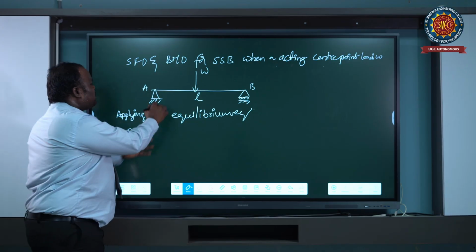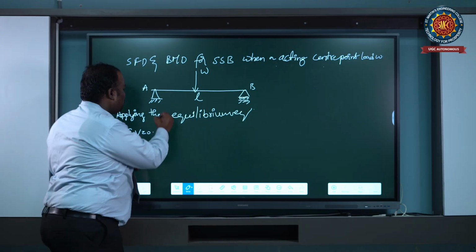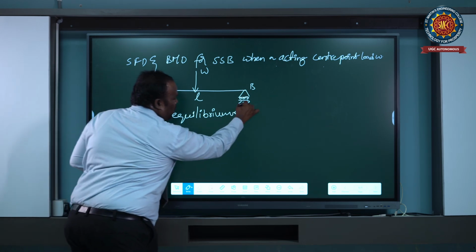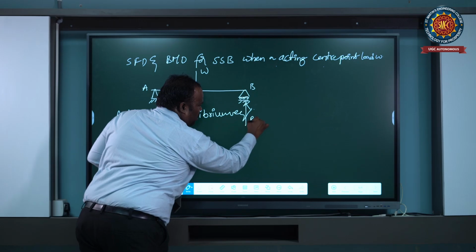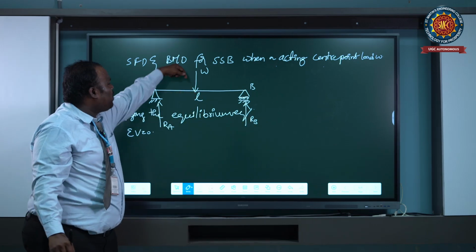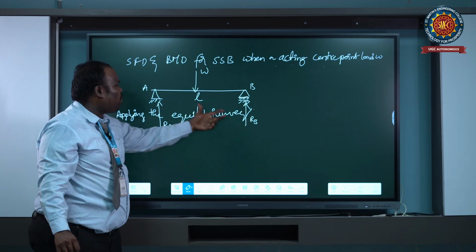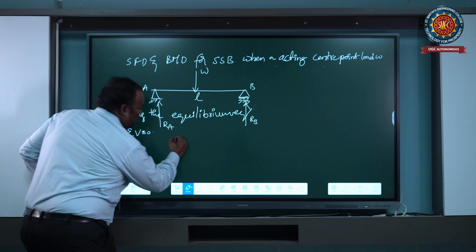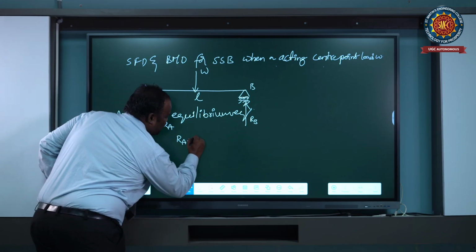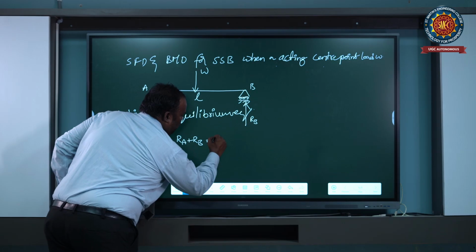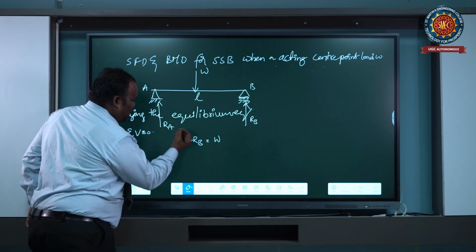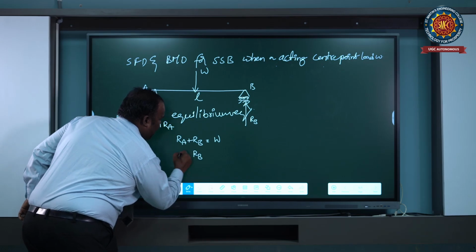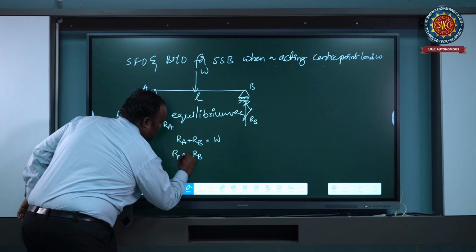Now we consider the supports A and B are hinged supports, then acting the upward reactions RA and RB. Now on the beam we have one downward load and upward reactions at the supports. Then applying sigma V equal to 0, the sum of upward reactions equals the downward load W. Therefore, RA plus RB equal to W.